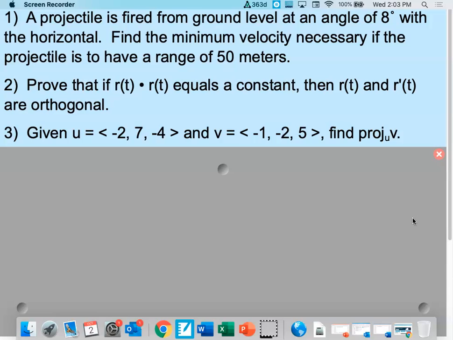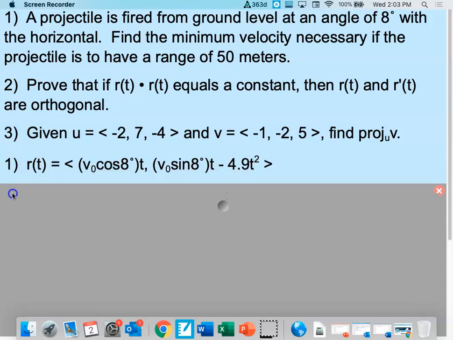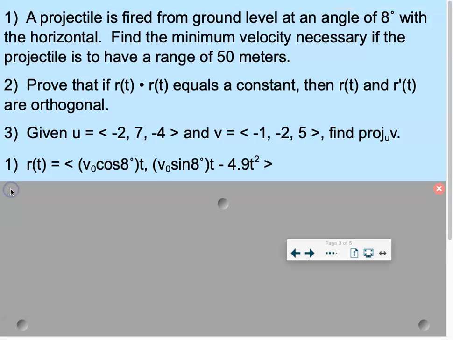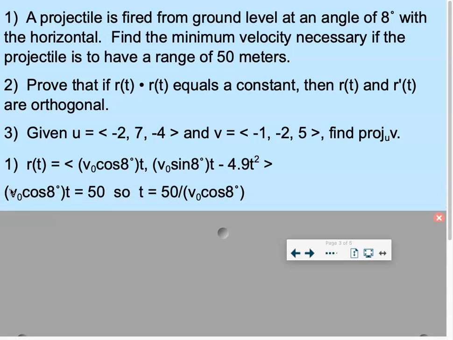We plug those in, and we've got 2 unknowns. Really, t is your input variable, but v sub 0 is an unknown. We do know that when the horizontal position is 50, the vertical position is 0, so we can write two equations for our two unknowns.